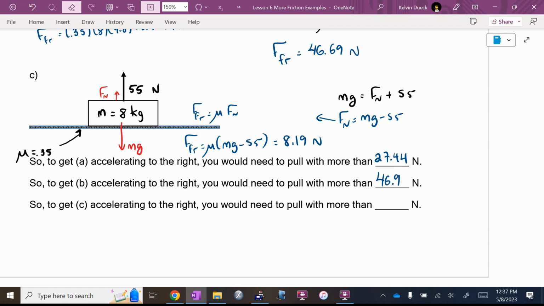Oh, 0.69. What about situation C? As soon as you pulled harder than that, they would start to slide and accelerate. Oh, and because there's technically two different kinds of coefficients of friction, you could ease up a little bit, but we're going to pretend that doesn't happen. I told you we'll just pretend there's just one coefficient of friction. Keep that easy.